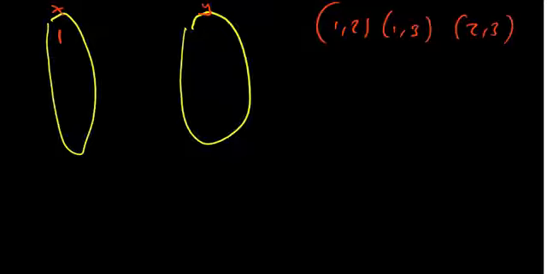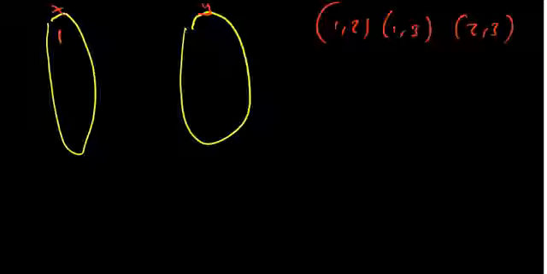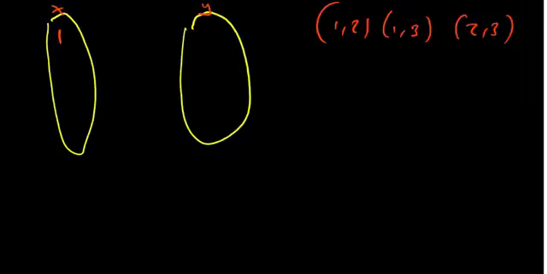We are saying that for us to consider something to be a function, all the input values must have an output value, meaning that all the elements of x are supposed to have the output value. At the same time, there should be only one output value for each input. So we have got 1, we also have 2. Then the output values, we have 2 and 3. Let's see. So 1 is mapping into 2.